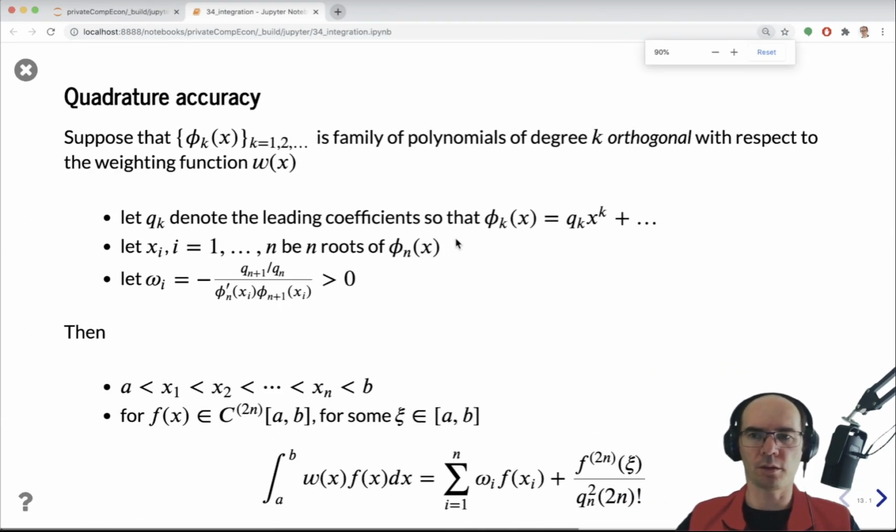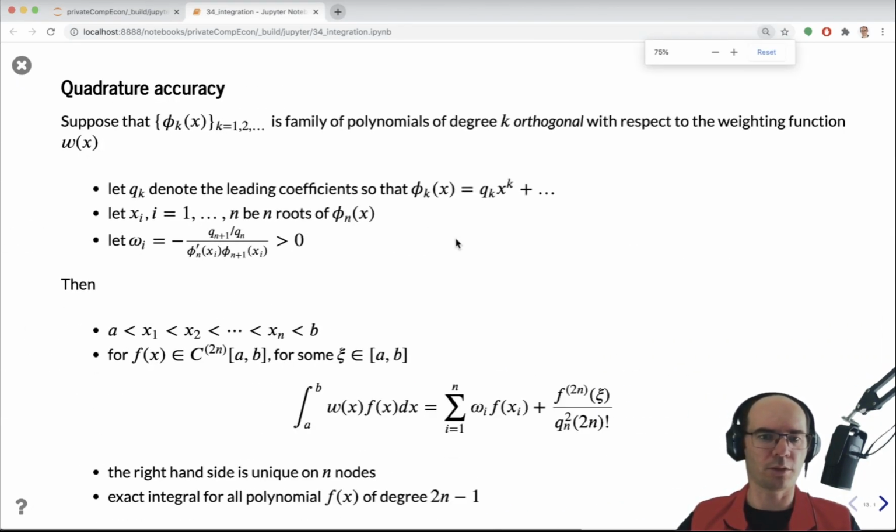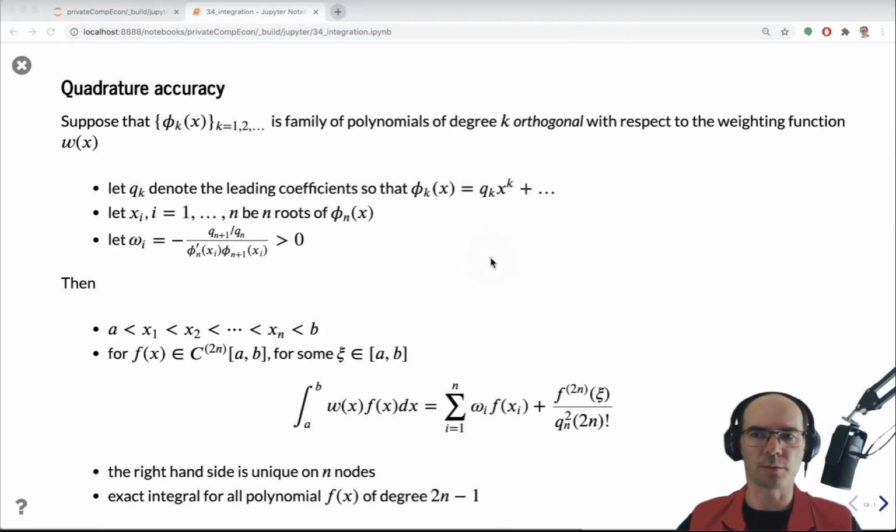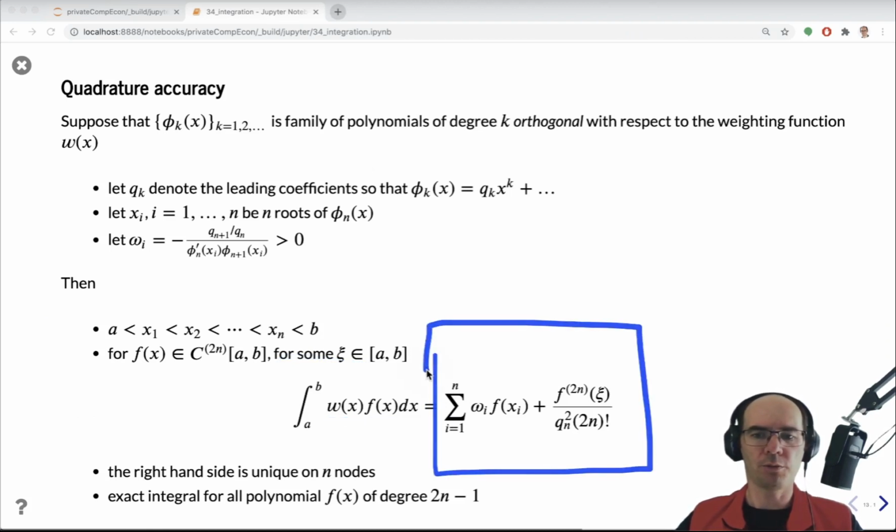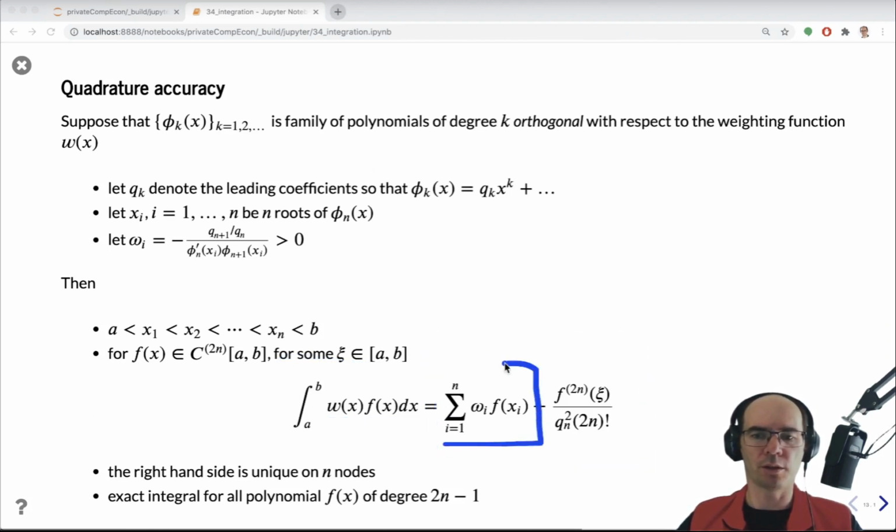And quite spectacularly, you can have this result here, that the integral of the function of interest multiplied by the weighting function is exactly equal to this formula, where the main component, the sum of the weighted average of the functional values, is the dominating component.